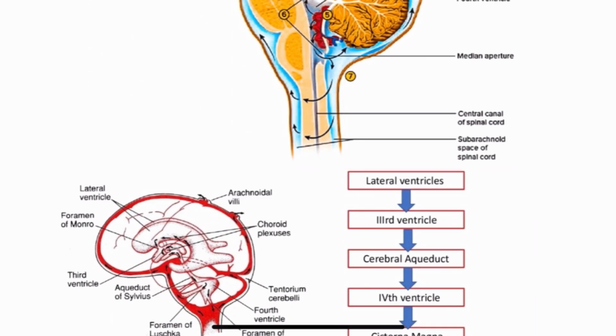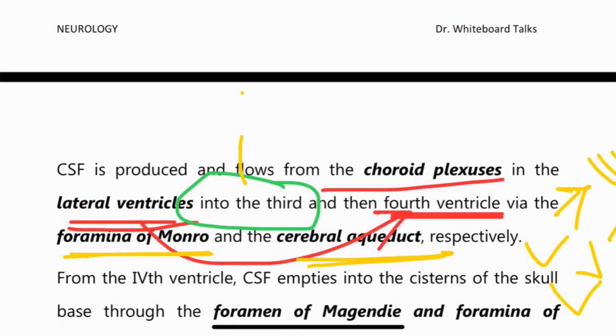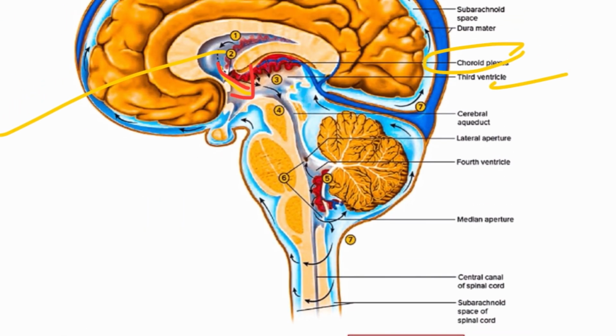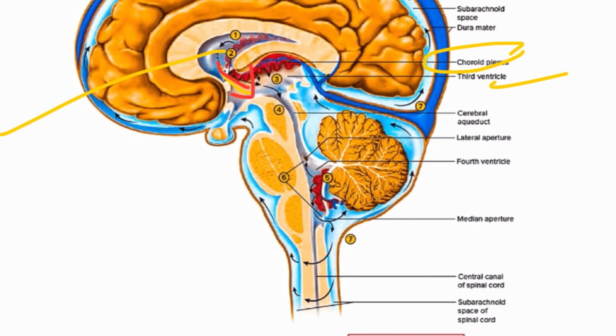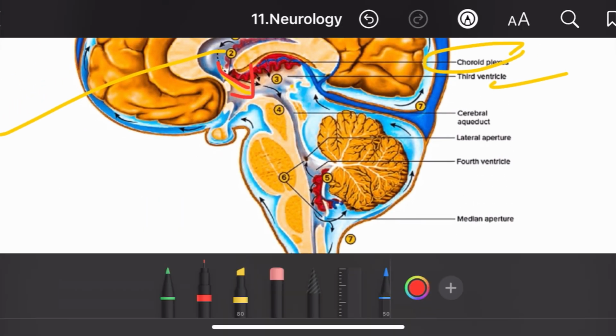So from the lateral ventricle to the third ventricle through the foramen of Monro, and then to the fourth ventricle. Here we have the fourth ventricle again. If you see this, you have the cerebral aqueduct. This is the area from the third to the fourth ventricle, so from third to fourth ventricle it is circulated through the cerebral aqueduct.